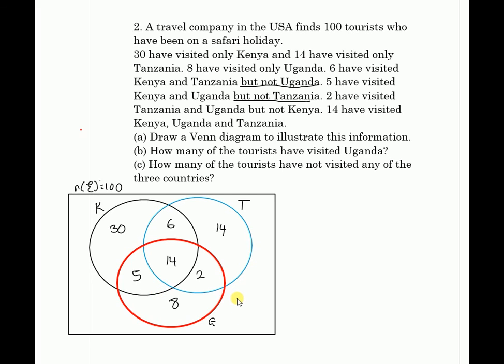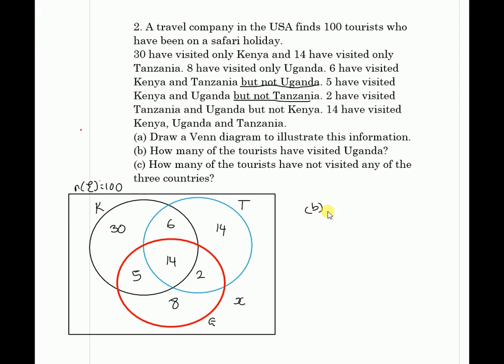Maybe we can assume we have an X there. So to answer part B, where they are talking about how many have visited Uganda, you look for everything inside the set for Uganda.